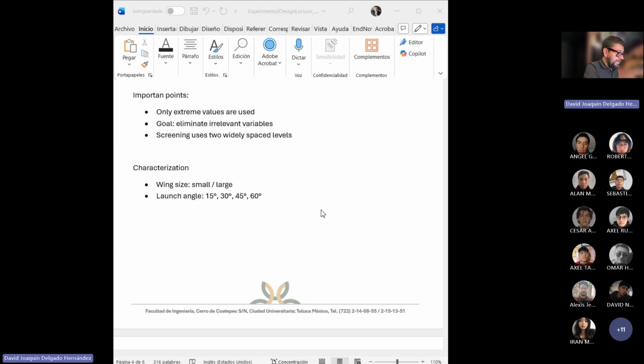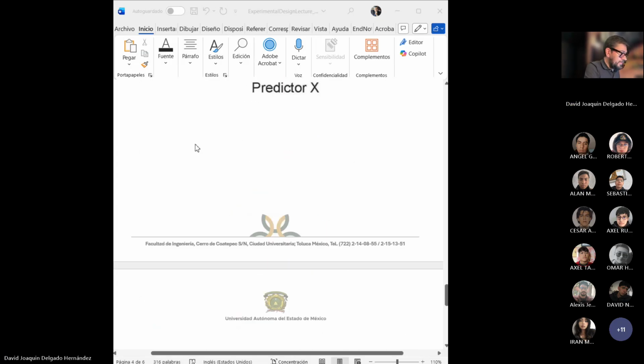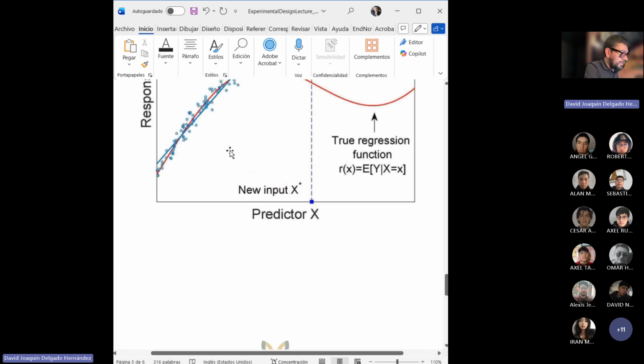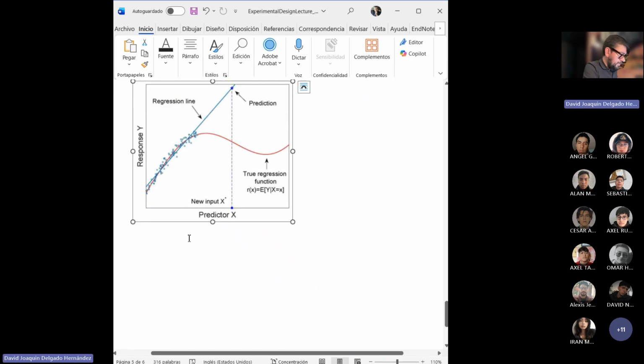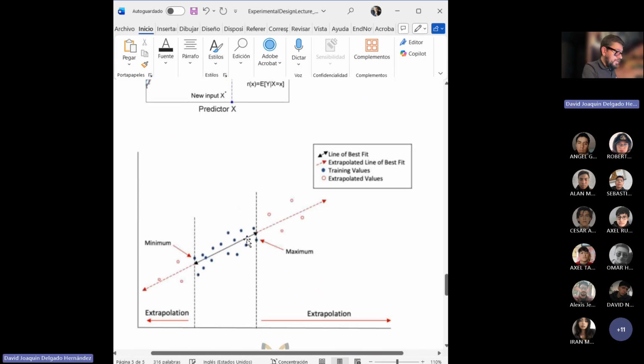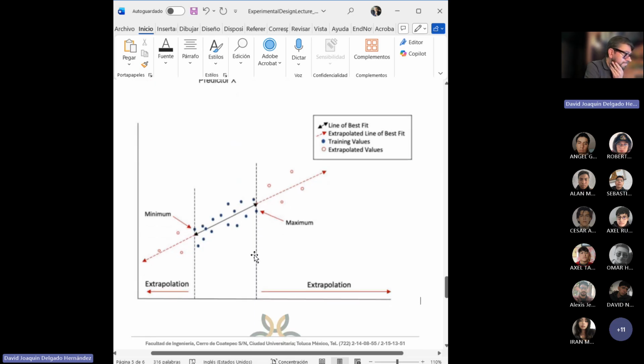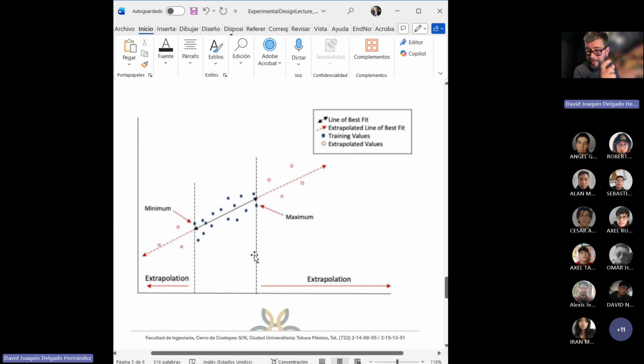So let me put another image here down there. Look, in this case, you can interpolate in the range between the minimum and the maximum value. That is something valid in experimental design. It is okay to interpolate. That means that I can deduce the values that are in the range that I am studying.